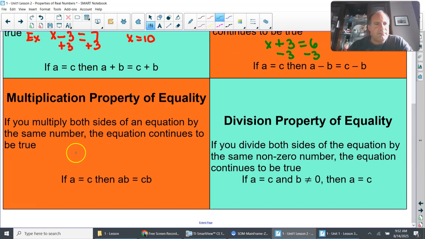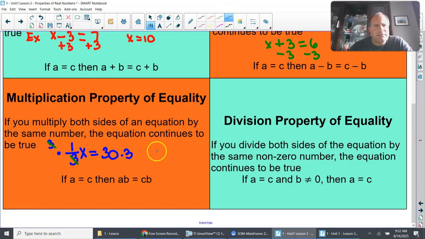Multiplication property of equality is simply something like this, where you have a fraction or something like it. And I always use like 1/2, but I'm going to use 1/3 x equals 30. And you multiply 3 on both sides. What happens is that the 3's cancel out.